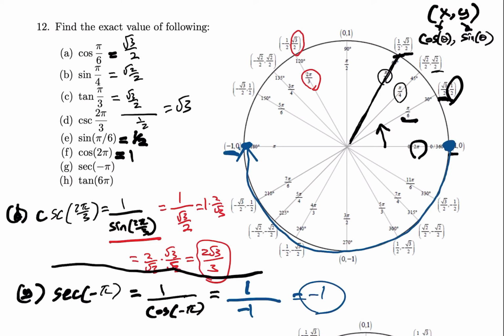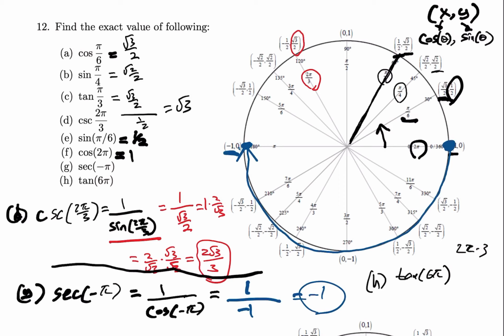Now tangent 6 pi. So 6 pi, if we have 2 pi 3 times, right? We have to find the coterminal angle since it's not a unit circle.